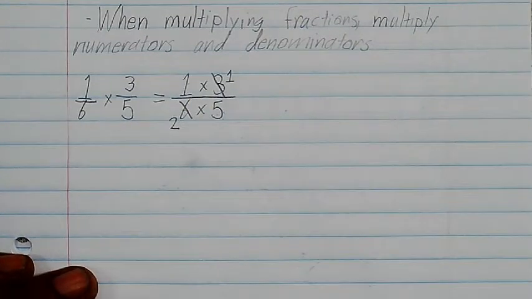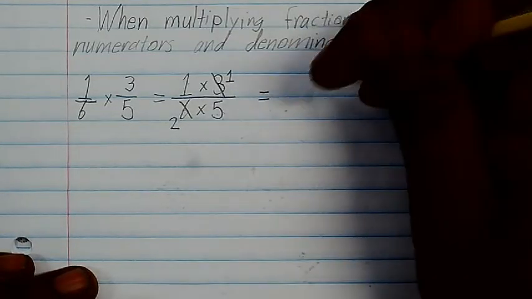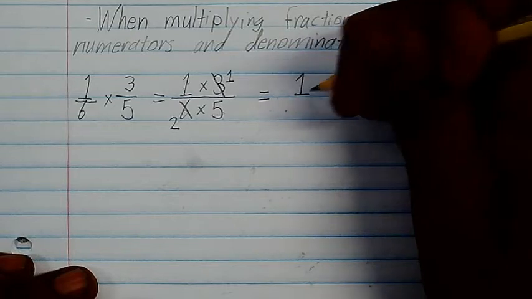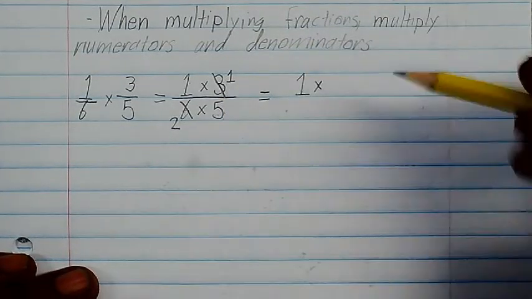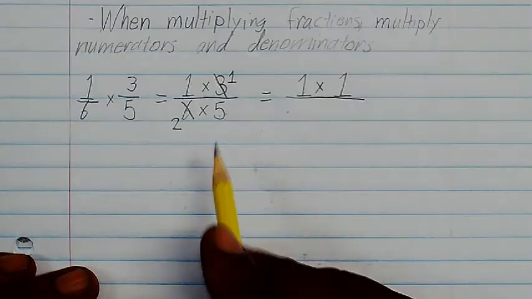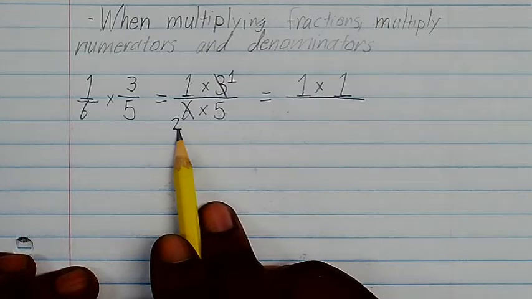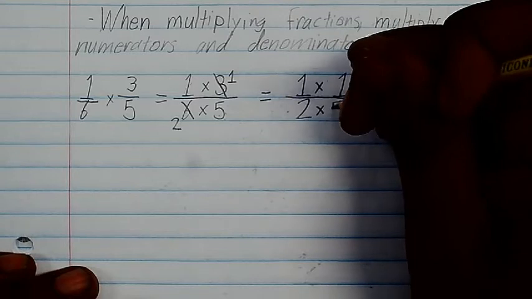Okay? So now I'm going to rewrite this problem. That's going to equal 1 times, instead of the 3, we're going to write the simplified version, that's 1, times, instead of 6, we're going to write 2 times 5.